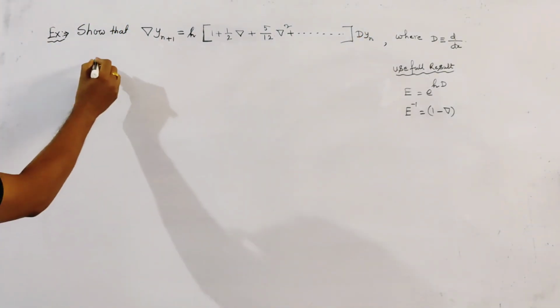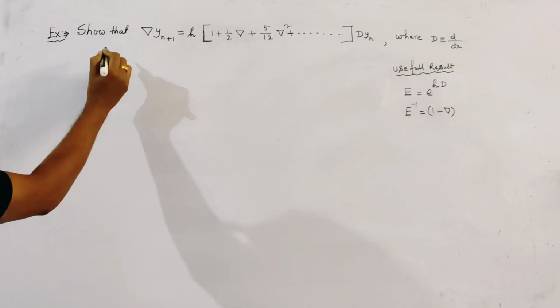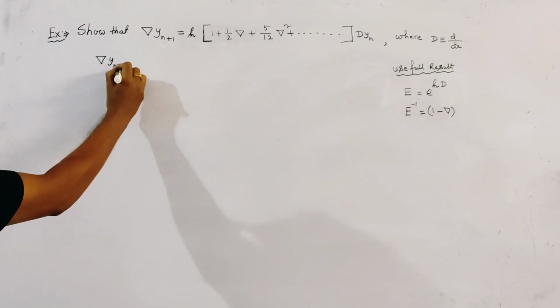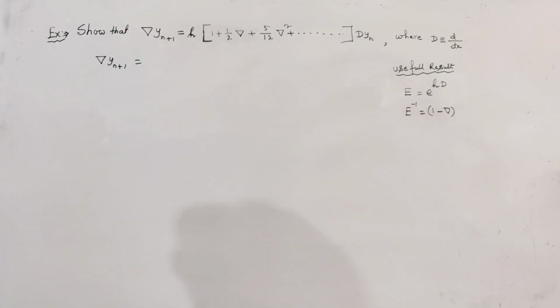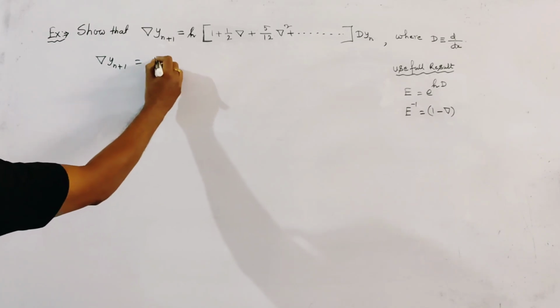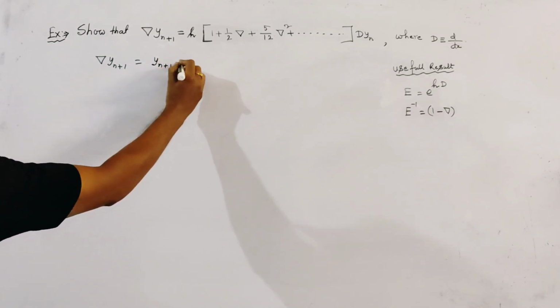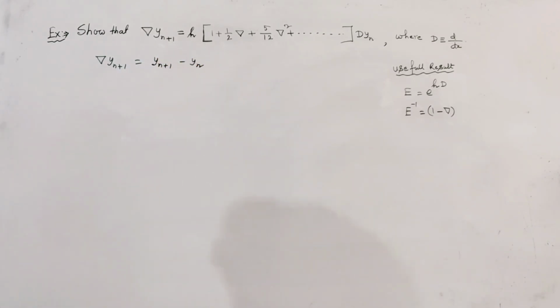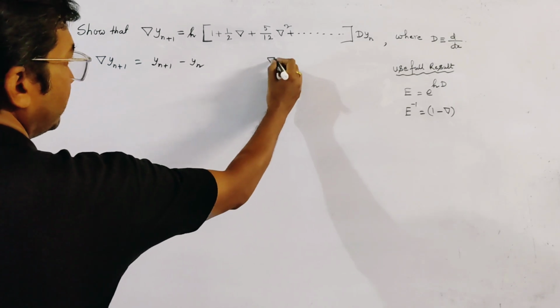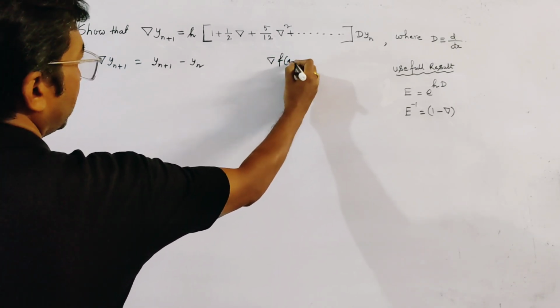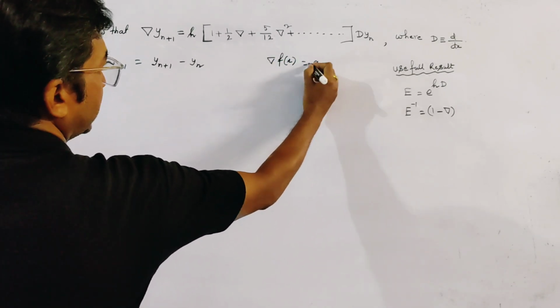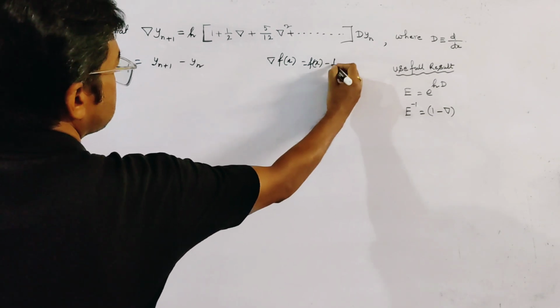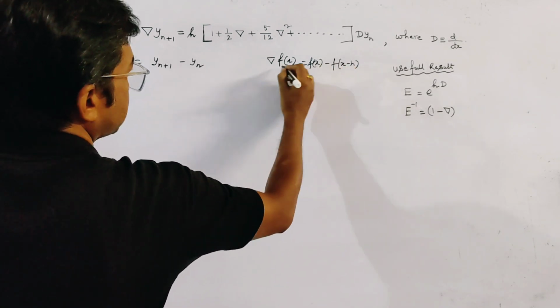Now, starting from the left side, we first write nabla y_{n+1}, and the definition of this is y_{n+1} minus y_n, because we know that the definition of nabla f(x) is f(x) minus f(x minus h).